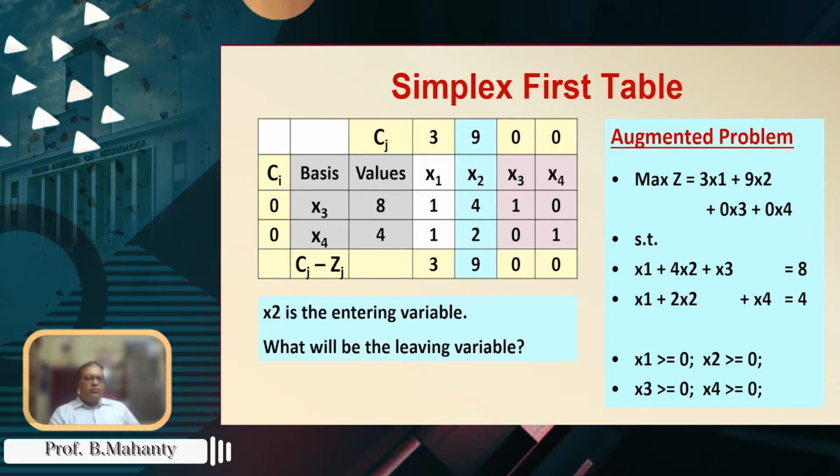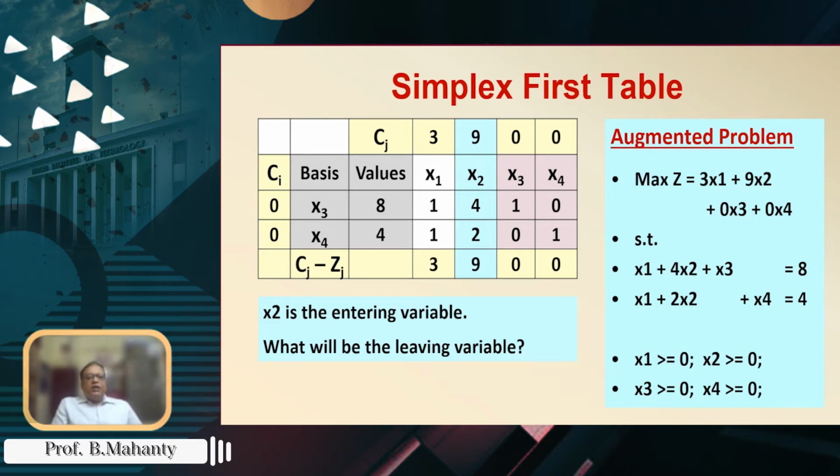So 1 4 1 0, 1 2 0 1, x3 and x4 form the unity matrix because they are the basic variables. They are in the canonical form, and these are the cj. Zj value is 0. So initially cj minus zj are 3 and 9. So x2 enters the basis.